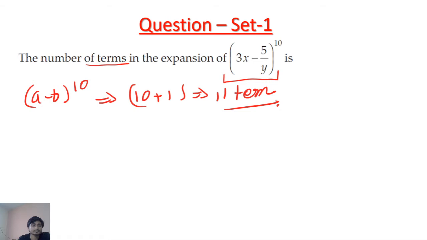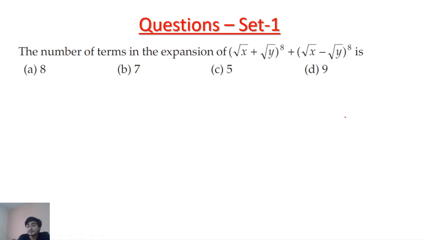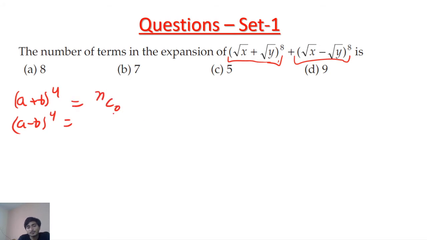Now comes the main twist of this expression. Now when you have (x + y)^8 and (x - root y)^8. In this case, see, if you remember, (a + b) to the power, assume 4, and (a - b) to the power 4. If we expand it, the nC0 term will be something, plus the nC1 term will be something, plus nC2, plus nC3, plus nC4.